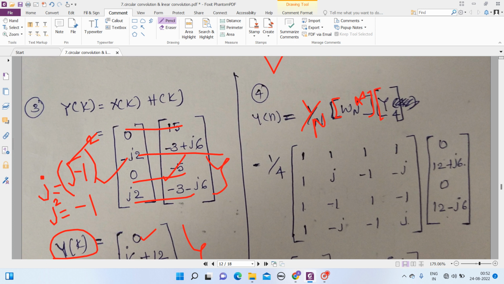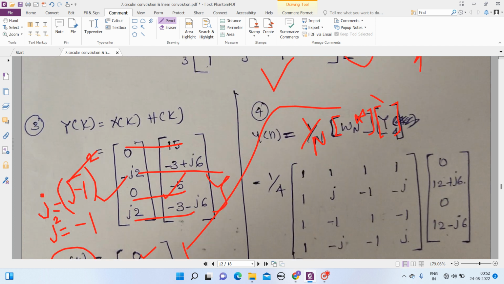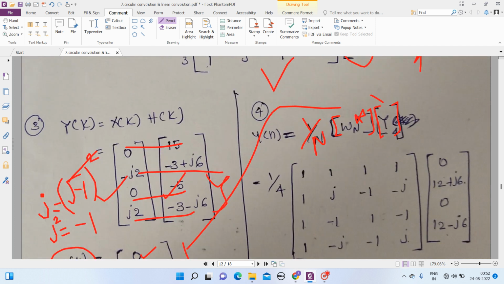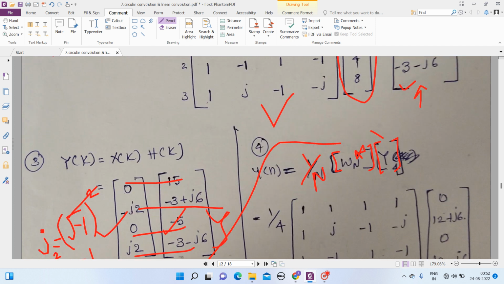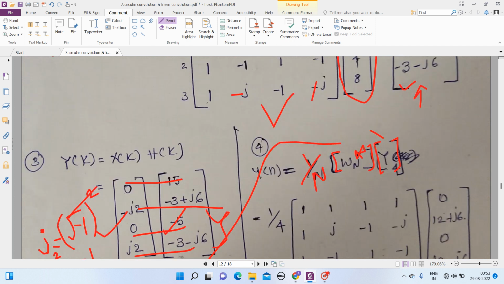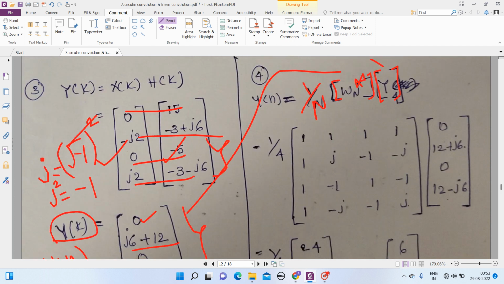This is y of k, the output, which you have to substitute here. You have already determined the twiddle factor, you just have to take the complex conjugate. Wherever we have minus j, we put plus j, and if it is plus j, you change it to minus j. See here, this is plus j, this is minus j. Is it correct?